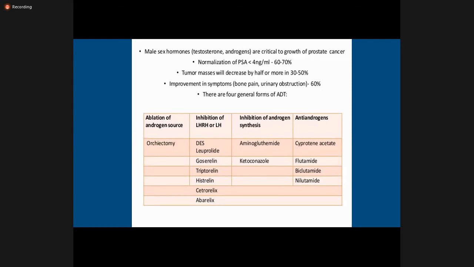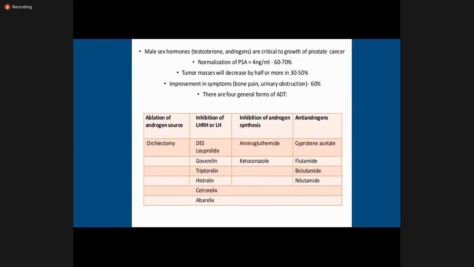We cannot completely stop it, but we can reduce it. So the surgical way is to do orchidectomy, and the medical way is inhibition of LHRH or LH.